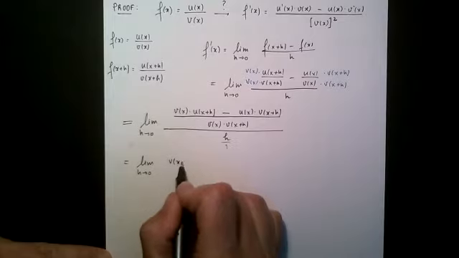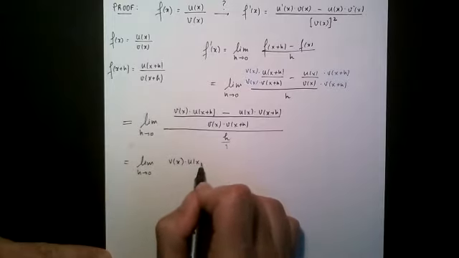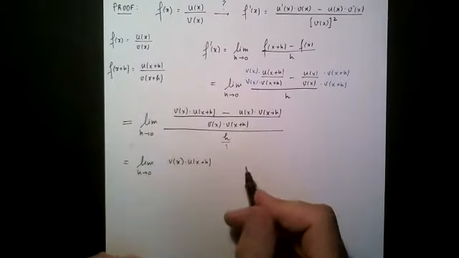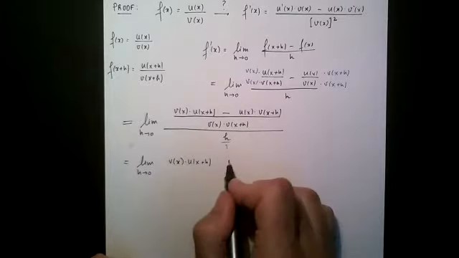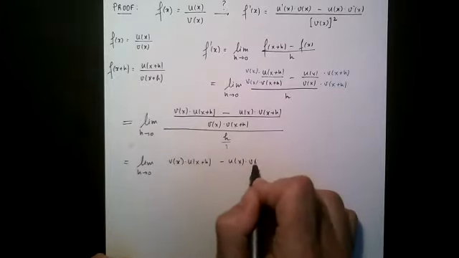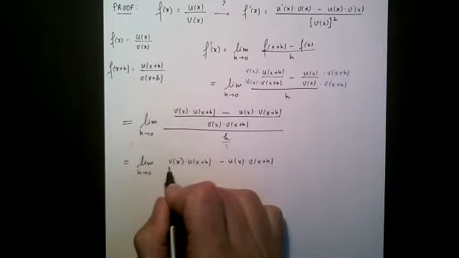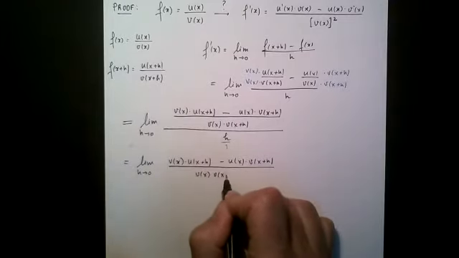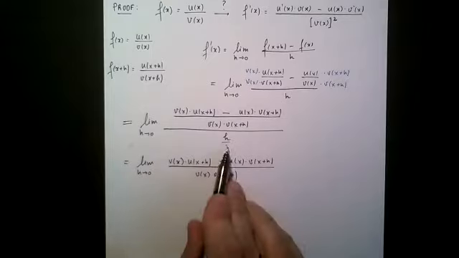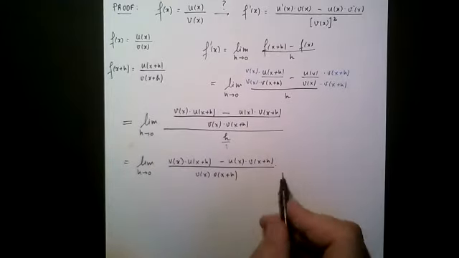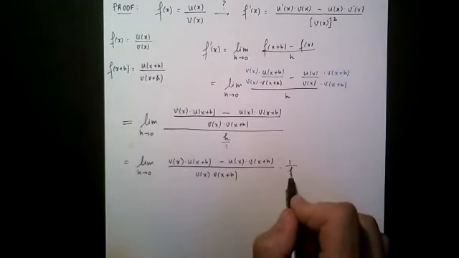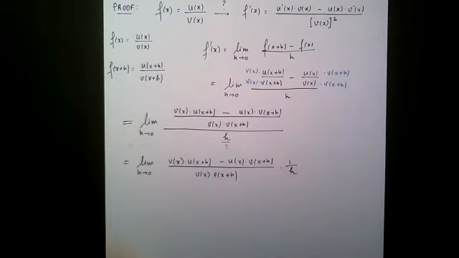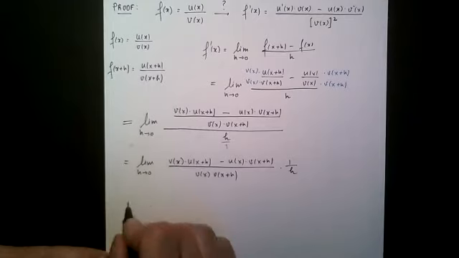I will get v of x times u of x plus h, minus u of x times v of x plus h, over v of x times v of x plus h, and then times 1 over h. I just flipped the bottom fraction.